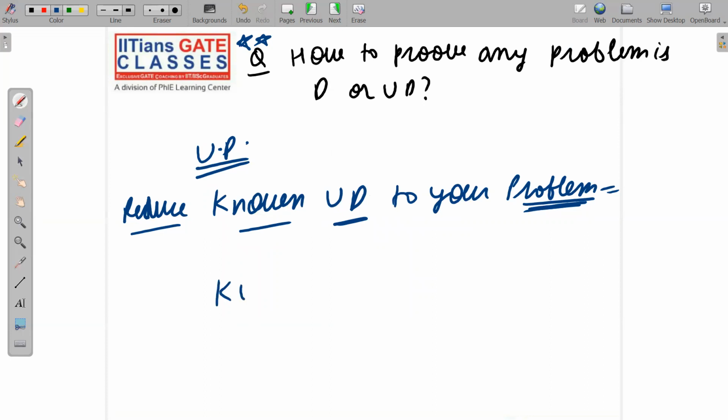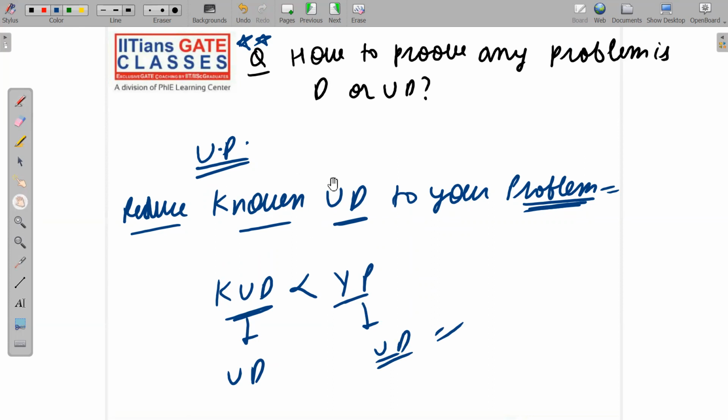So KUD, a known undecidable problem, is reduced to YP, your problem. Then what will you say? Your problem will be undecidable. Why? Because your problem is at least as hard as the known undecidable problem. Hence, your problem will be undecidable. Now, how will you prove that a given problem is decidable?